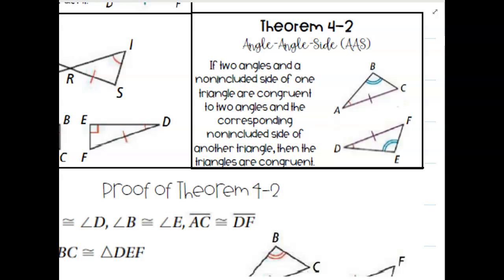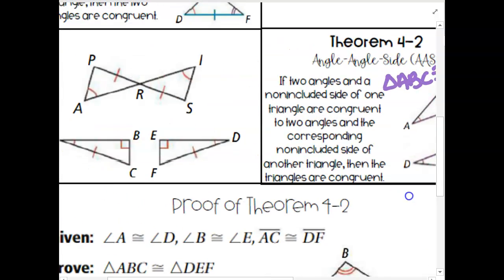It's a non-included side, and DF, once again, is a non-included side. So we could say triangle ABC is congruent to triangle DEF. Same idea, we have two angles and a side, but if it's a non-included side, we call it angle, angle, side. If it's an included side, then we call it angle, side, angle.